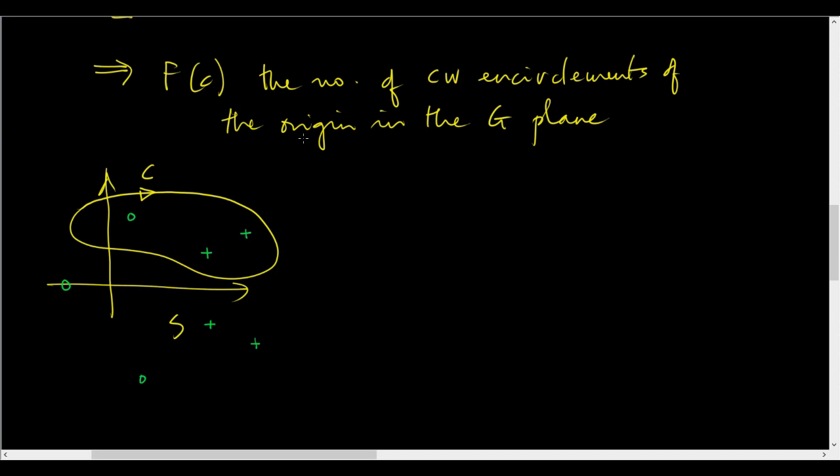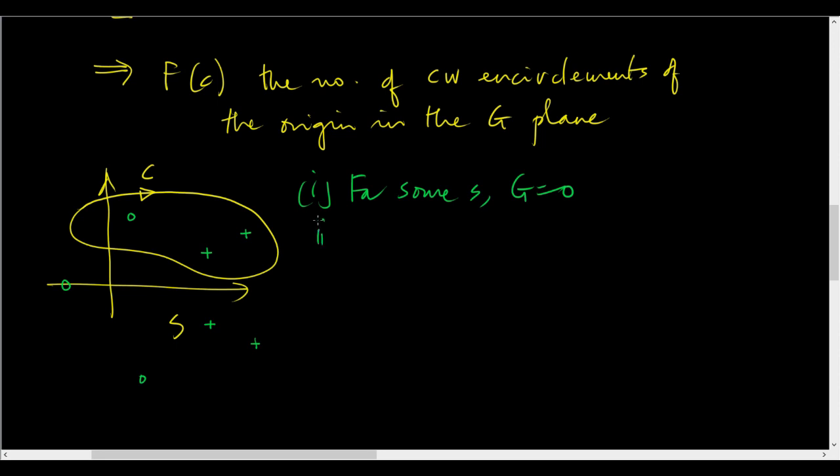You see, two bad things can happen. One is, for some S, G equal to 0. If that happens, then you see G of C will cut the origin, and if we perturb it a little bit this way or that, we may get one more or one less encirclement of the origin. Okay, so this is a special point.